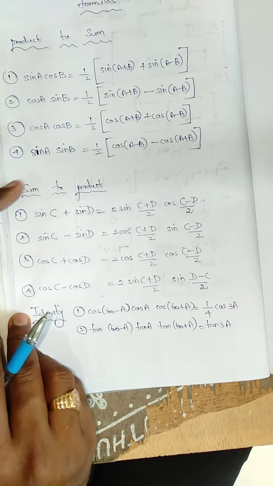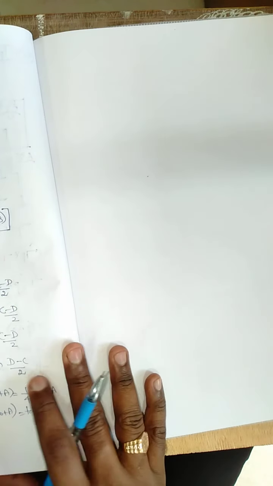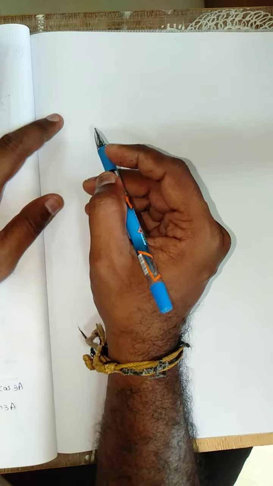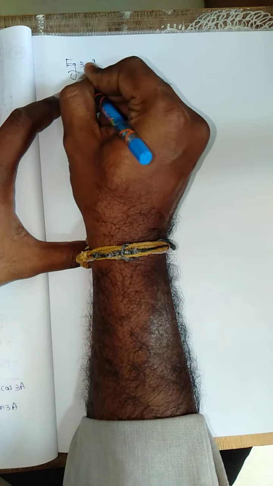After knowing this, I need to show you some values which you want to memorize. In example 3.29, you have derived a few of them.